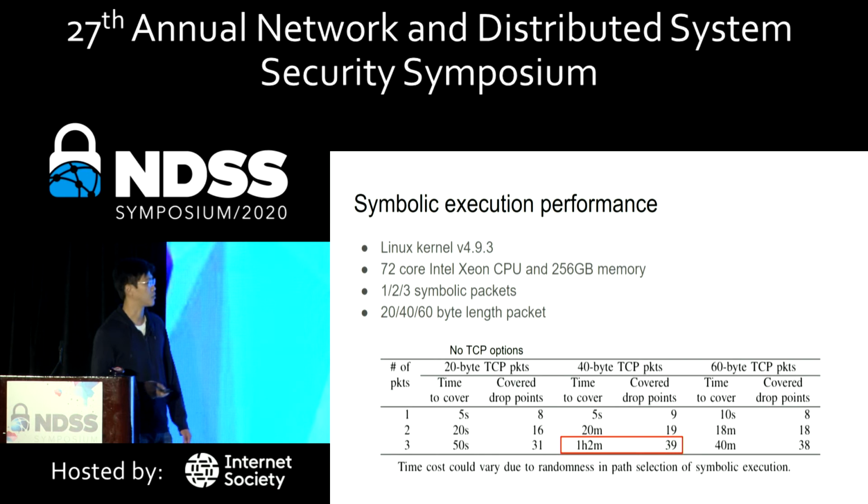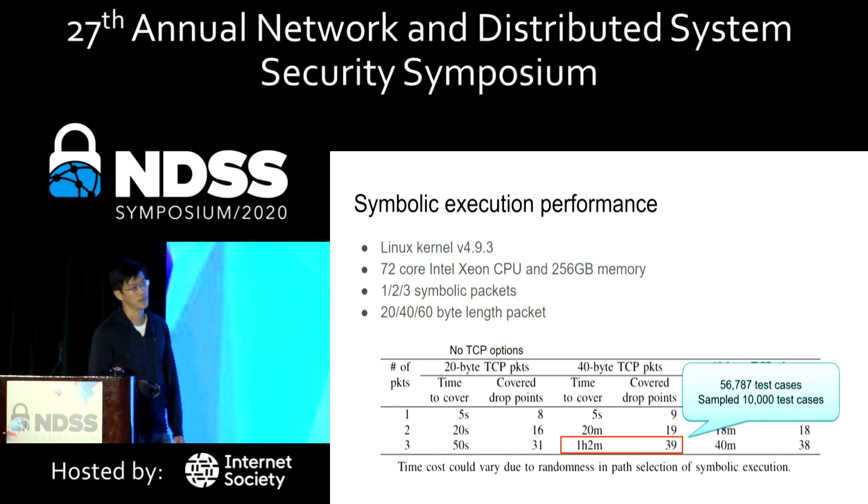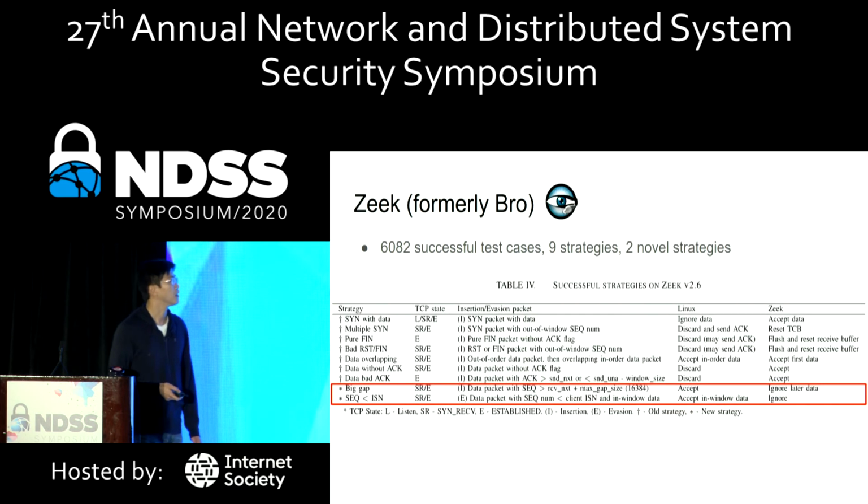And we found that with 3 symbolic packets and 40 bytes length, we can cover all labeled drop points. This gives us a data set of around 56,000 test cases, and we sampled 10,000 test cases for later evaluation. We evaluated our sampled data set against 3 DPI systems.